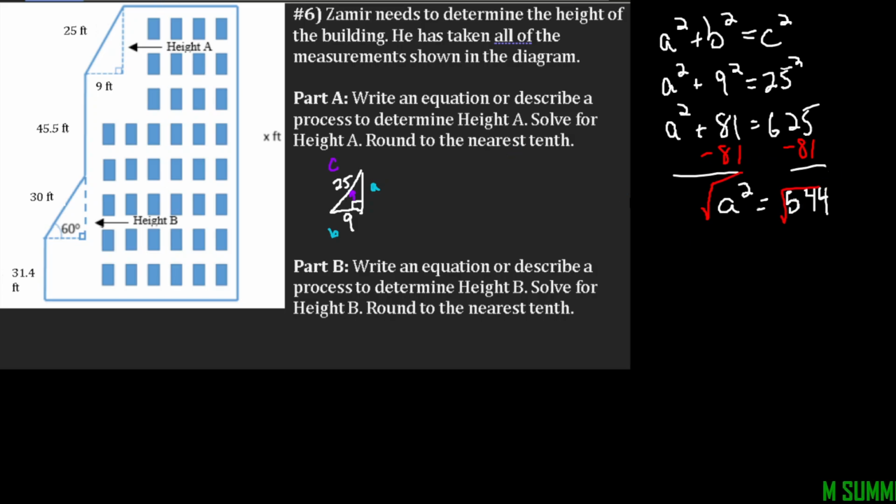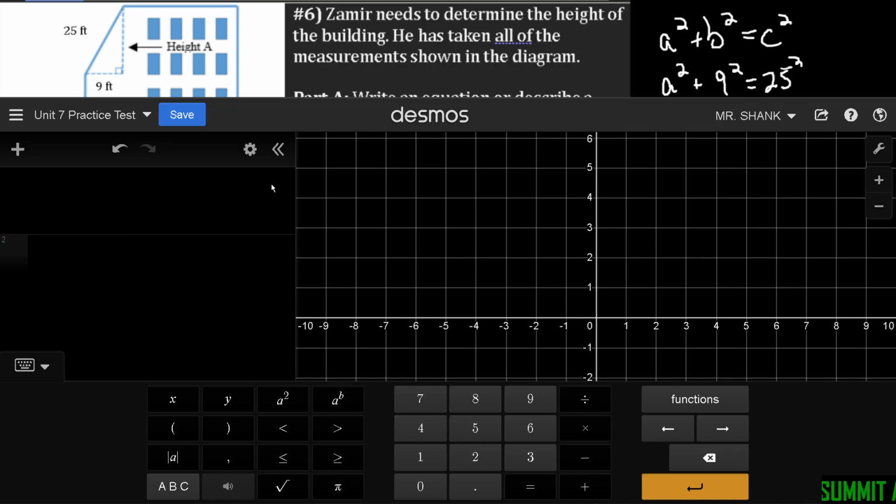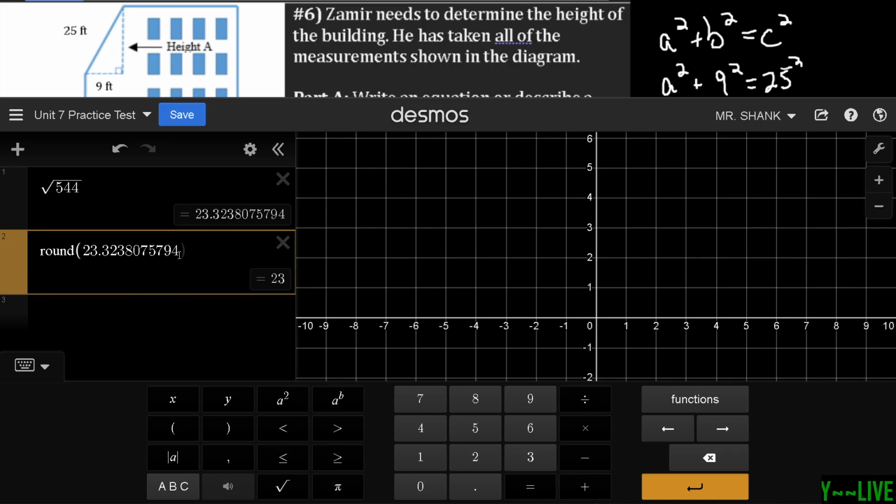I'm going to say a equals, and let me get my calculator out again. So the square root of 544 is 23 point, and then some decimals. We said to round that answer, so let's copy, it says round, parentheses, paste, comma, 1, because I need one decimal place. So it says 23.3, so that's what we're going to go with.